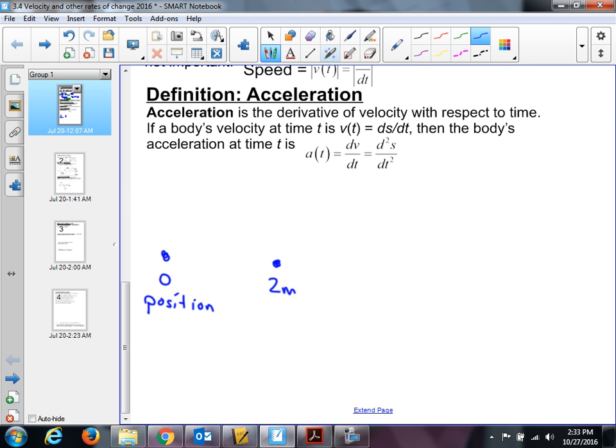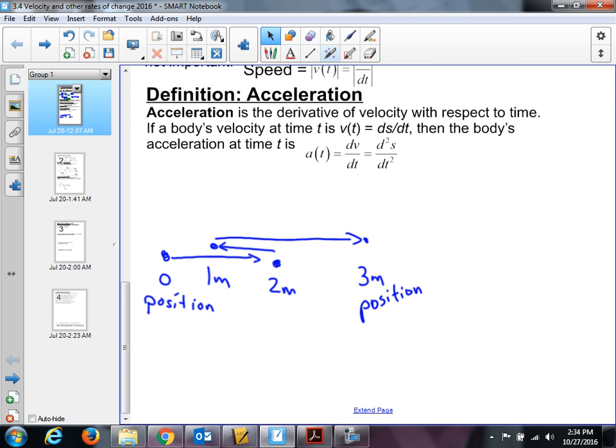Then it goes backwards a bit, and its new position is 1 meter. Does this make sense? And then this is all in a straight line, back and forth, east and west. Then I end up at 3 meters. 3 meters is my position.